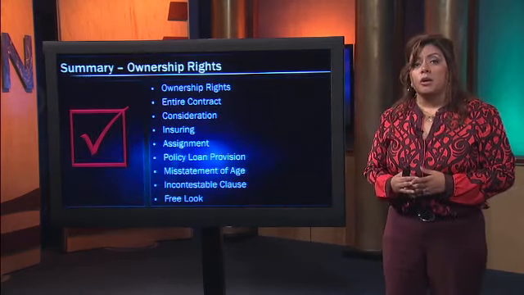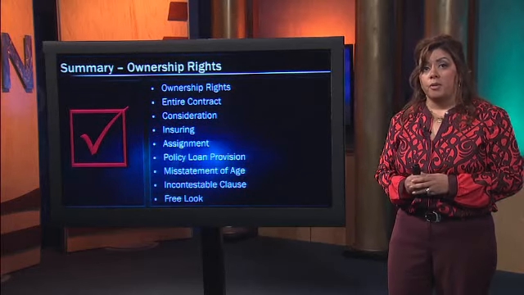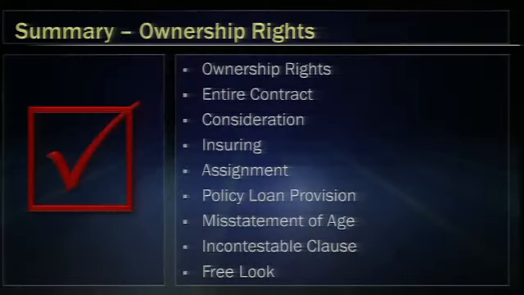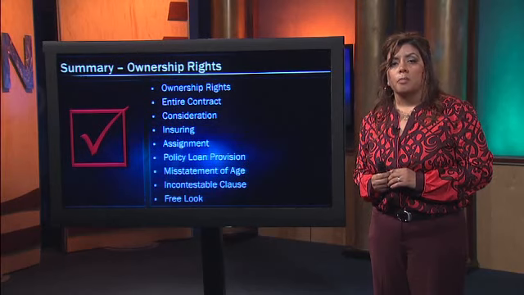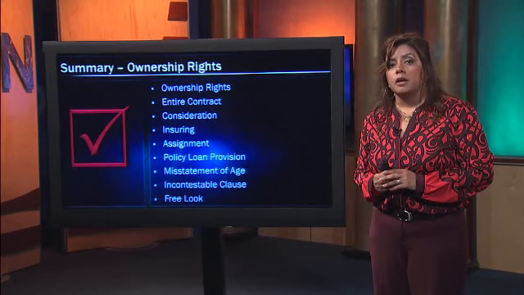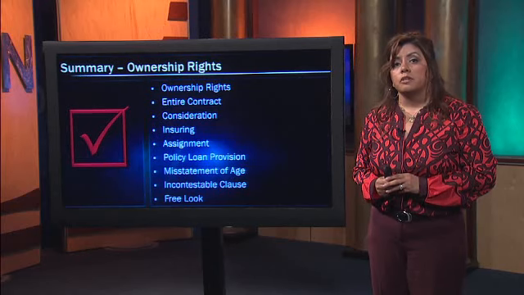So in summary, we talked about all the ownership rights, the entire contract, the consideration clause, the insuring clause, the assignment, which is putting someone else in charge, the policy loan provision. Now keep in mind, with a policy loan provision, a loan is considered a debt to a policy and will be deducted upon death of the insured.